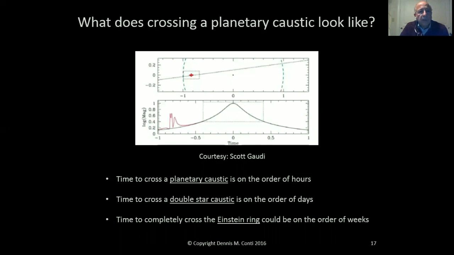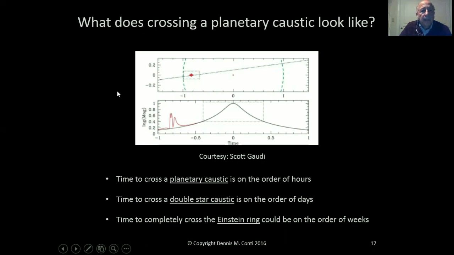So let's suppose we do have a planet that creates a caustic. So we've got a planet orbiting a star that is in the middle of the Einstein ring. In this example, this little caustic here is what was created by that planet.